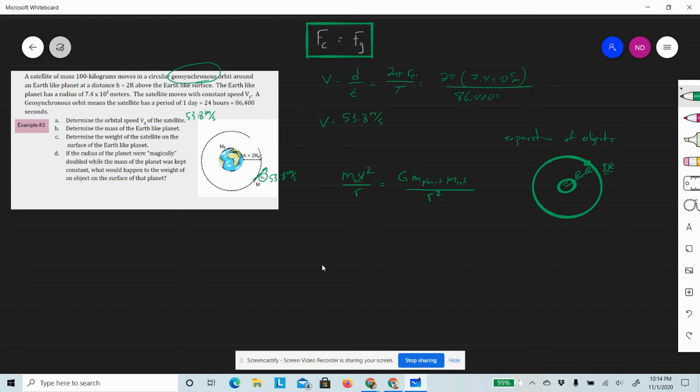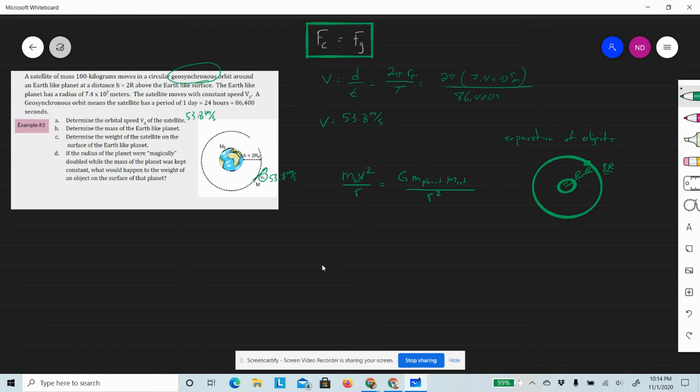So 3 times 7.4 times 10 to the 5th meters is actually 2,220,000. Yep.